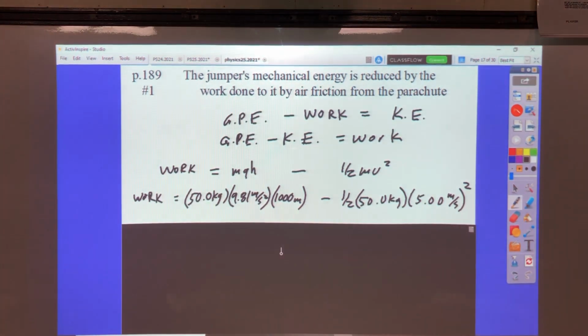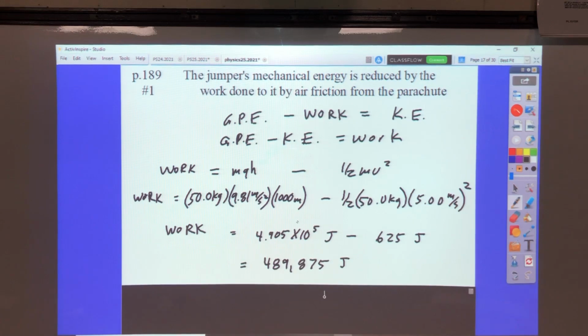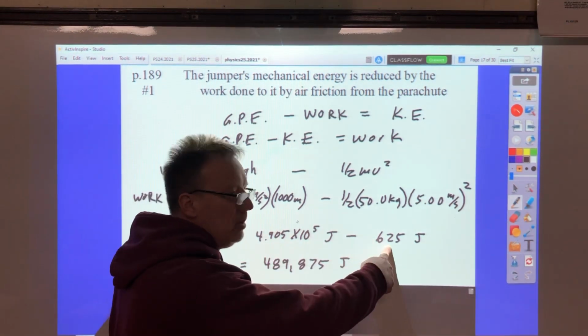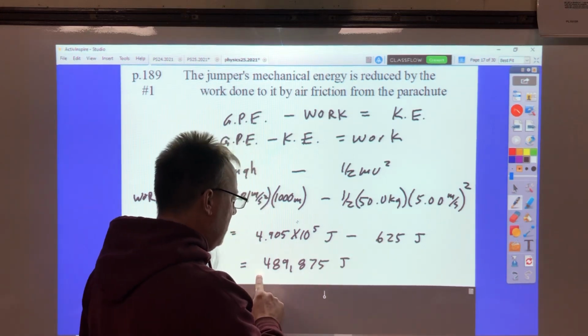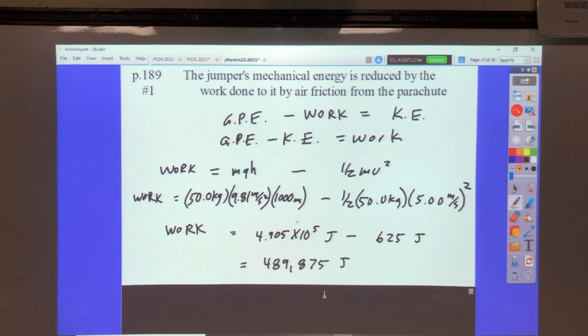The fact that he or she hits the ground going at 5 meters per second is a very tiny amount of energy compared to falling from 1,000 meters out of the sky. So you're taking 490,500 joules and subtracting only 625, which comes out to be 489,875 joules.